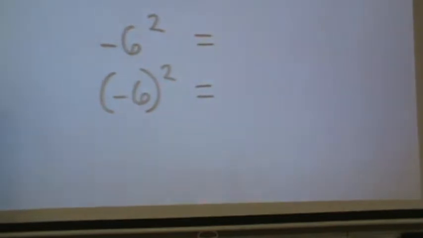Let's settle this dispute right now. What's the difference between these two problems? What do you see different? The parentheses will make it a positive one. Okay, so one has parentheses and one does not.